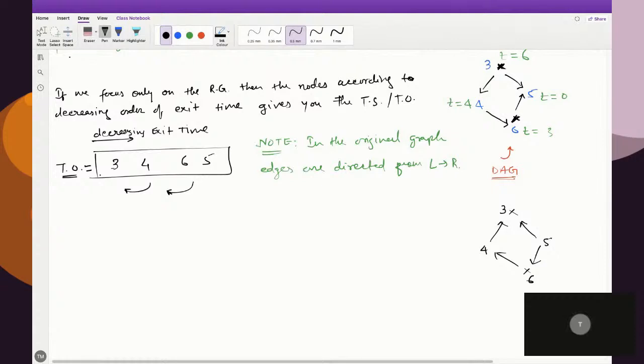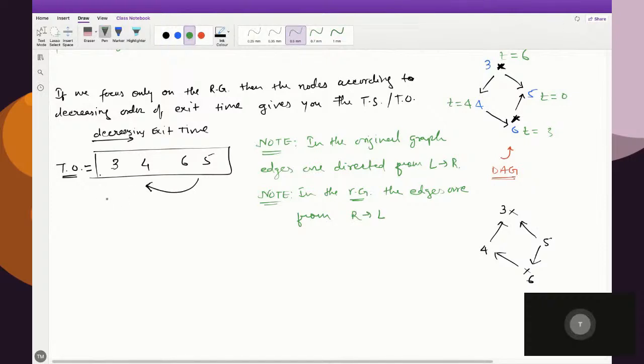Make sense? So let me write that. Another note. In the reduced graph, the edges are from right to left, right? So this is the possible direction of the edge.